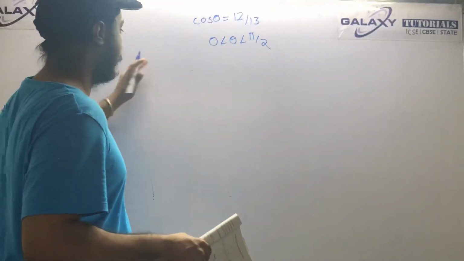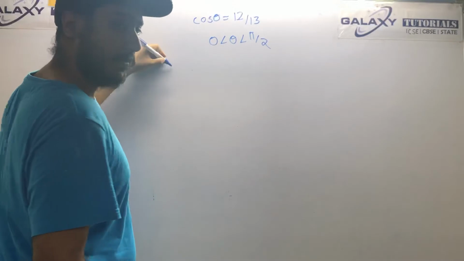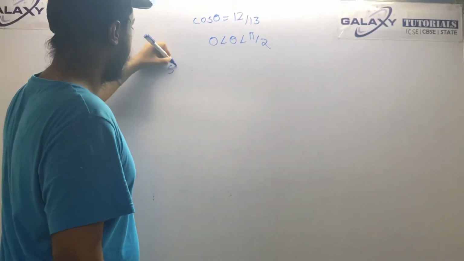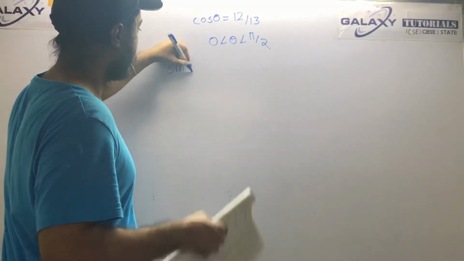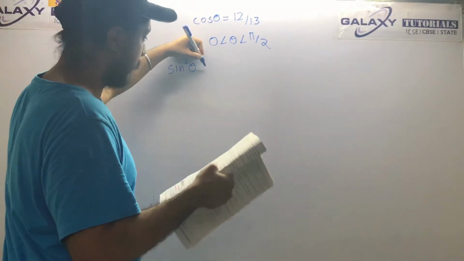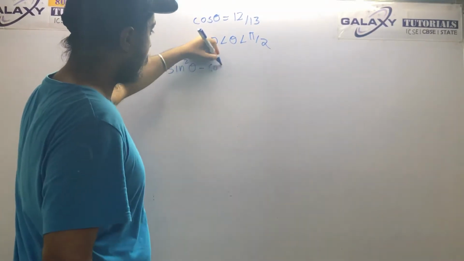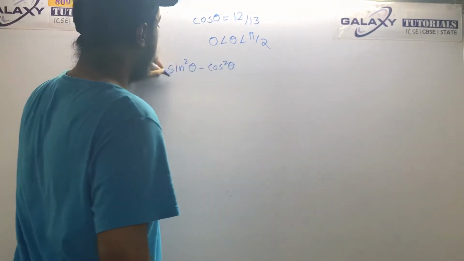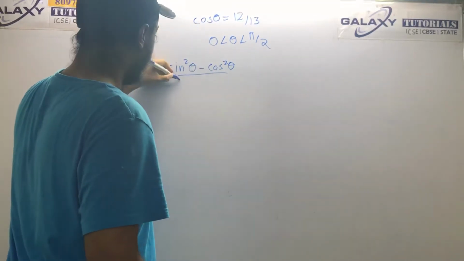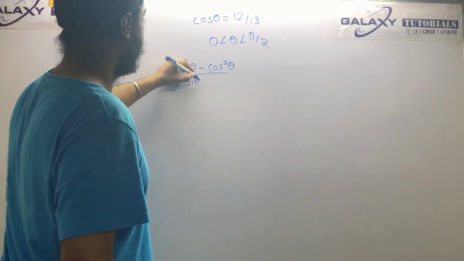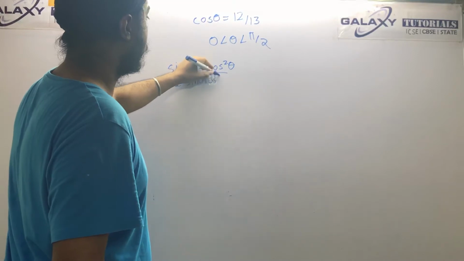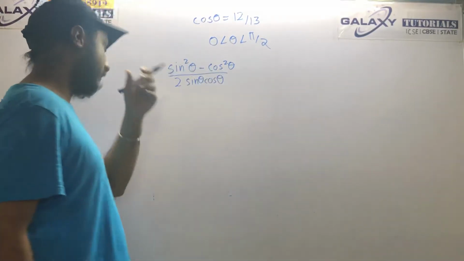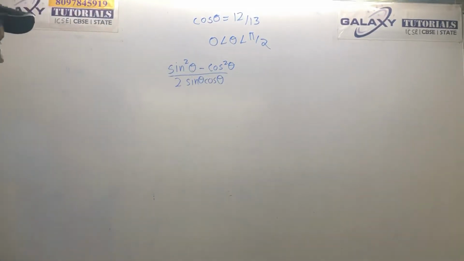Now we have to find the value of sin square theta minus cos square theta upon 2 sin theta cos theta. First we'll find this, and 1 upon tan square we'll look at later.